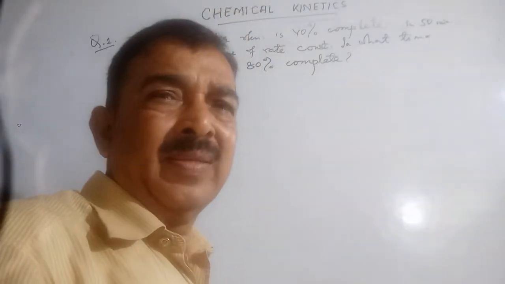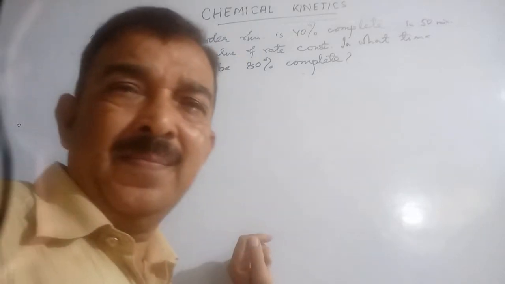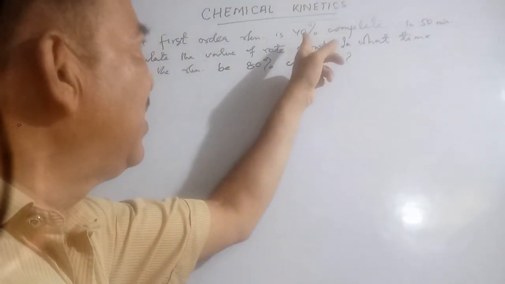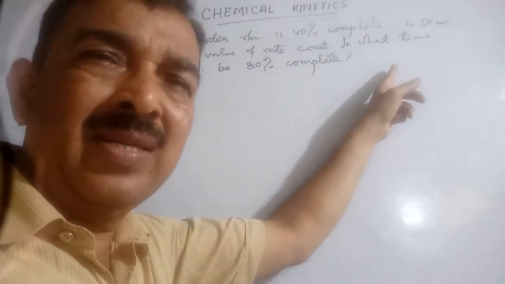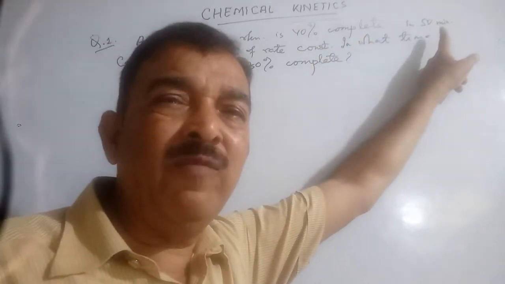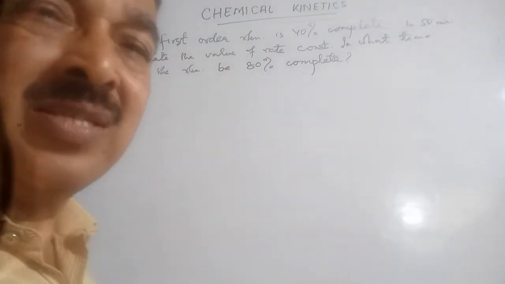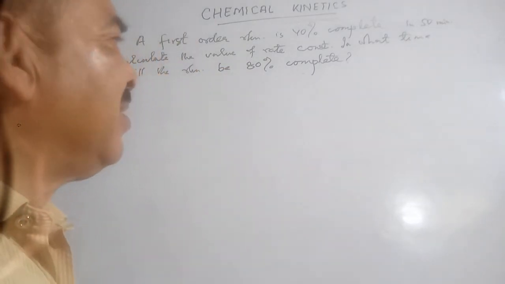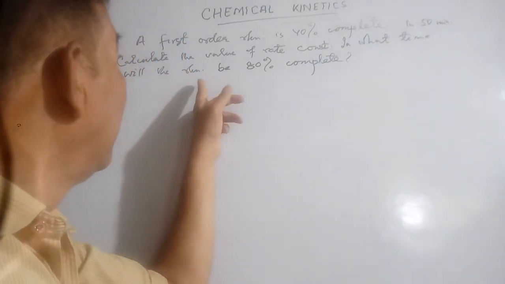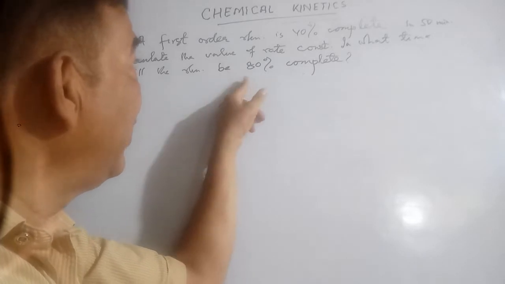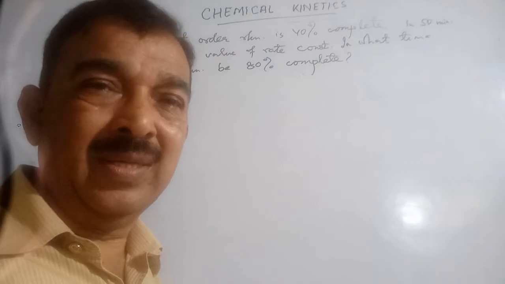Now look at this. The reaction is of first order. Here it is given that 40% of the completion of the reaction takes place in 50 minutes. You have to calculate the value of rate constant K, and then you have to find out the time for which 80% of the reaction gets completed.